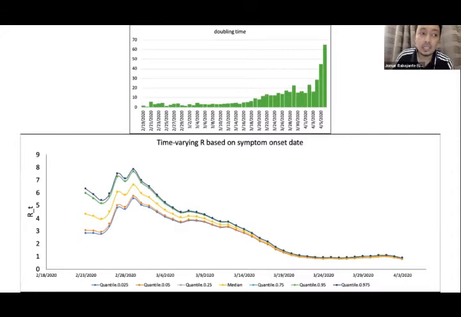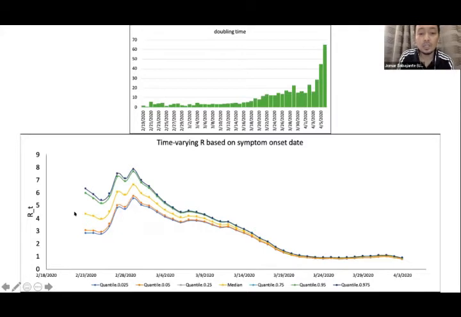This is the average number of people that a certain primary case can directly infect in a susceptible population.